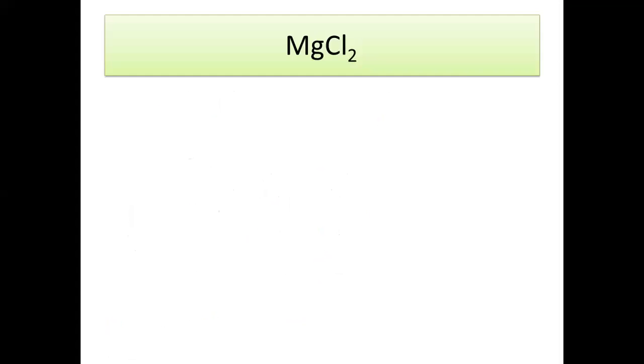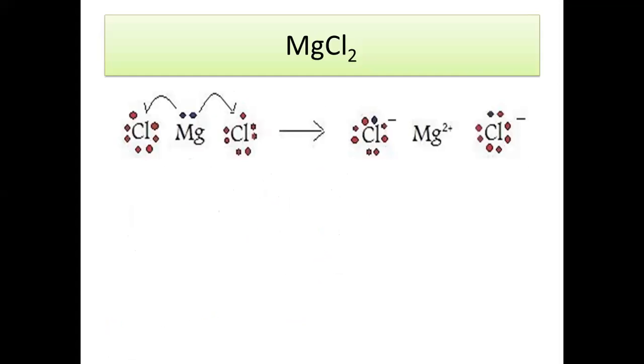Another example is magnesium fluoride. If you write down the electronic configuration, you will find there are 2 electrons present in the outermost shell of the magnesium. This is a similar case to what we discussed for sodium chloride.